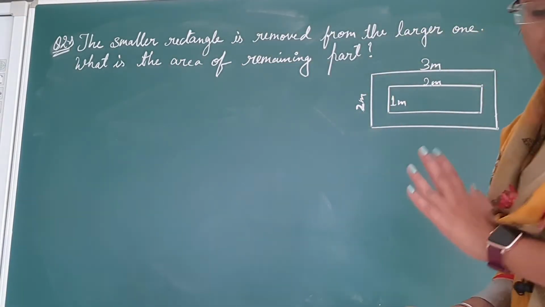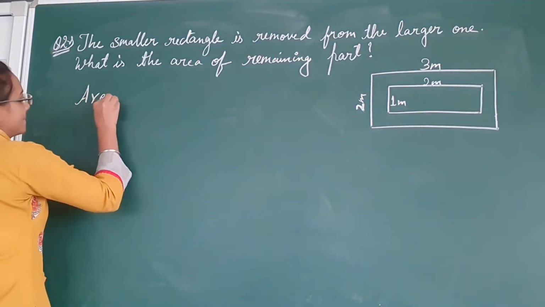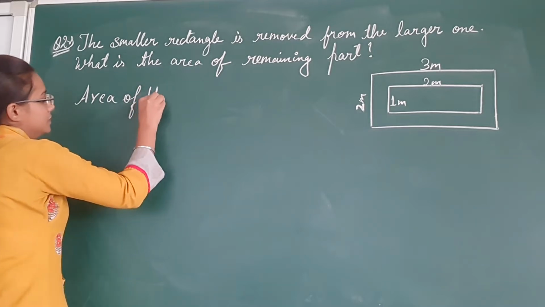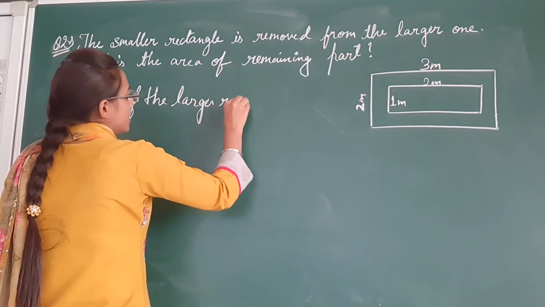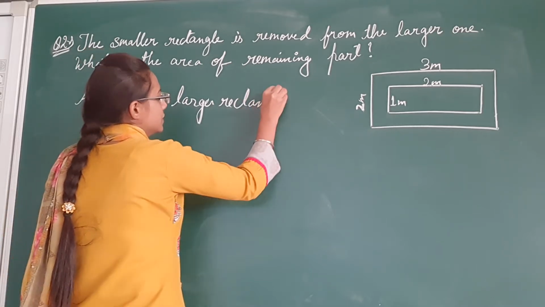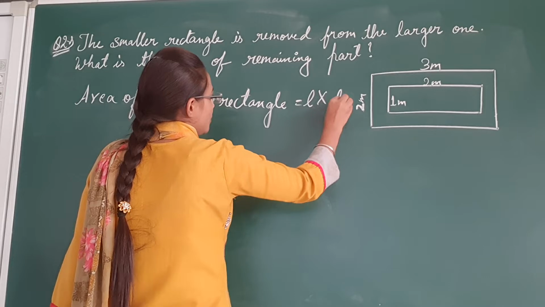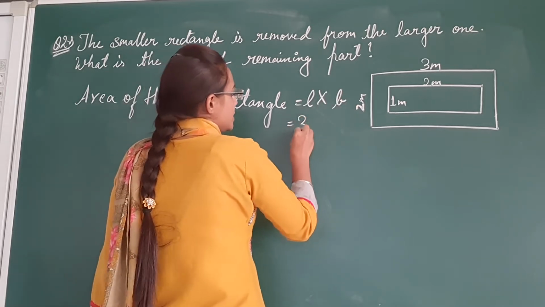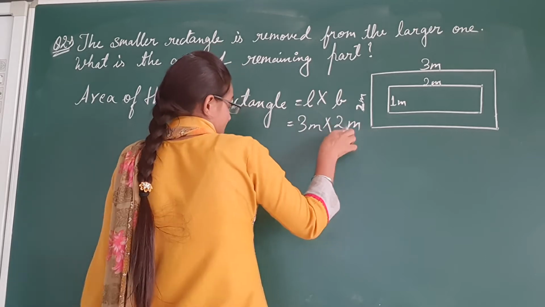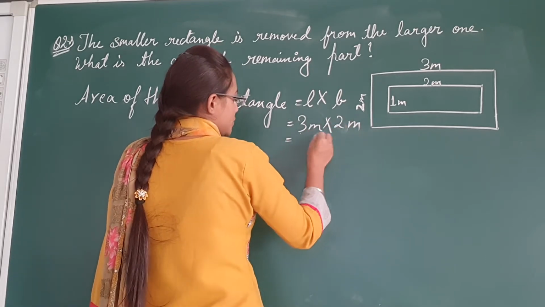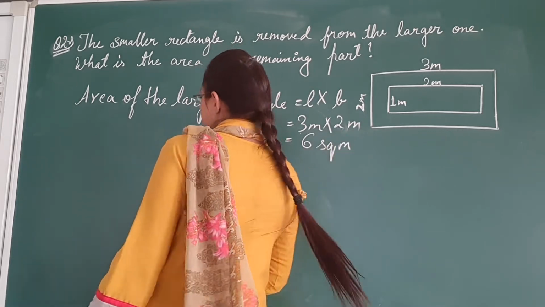Area of the larger rectangle is equal to length into breadth, 3 centimeter into 2 centimeter. That is equal to 3 2s are 6 square meter.